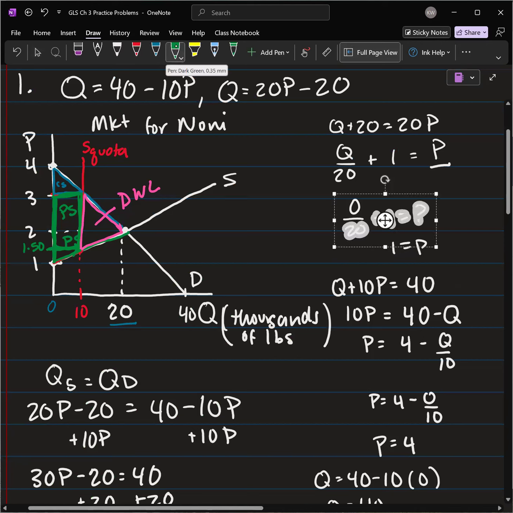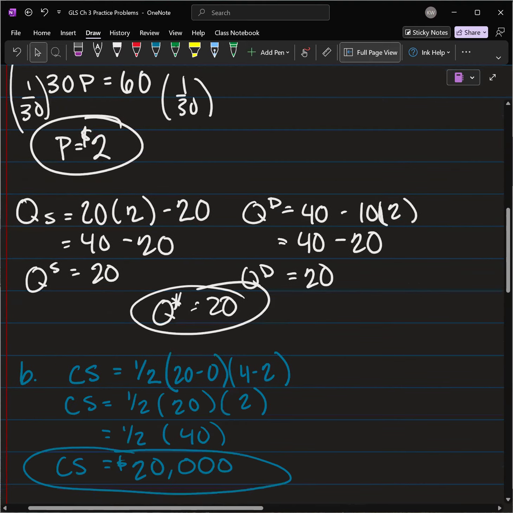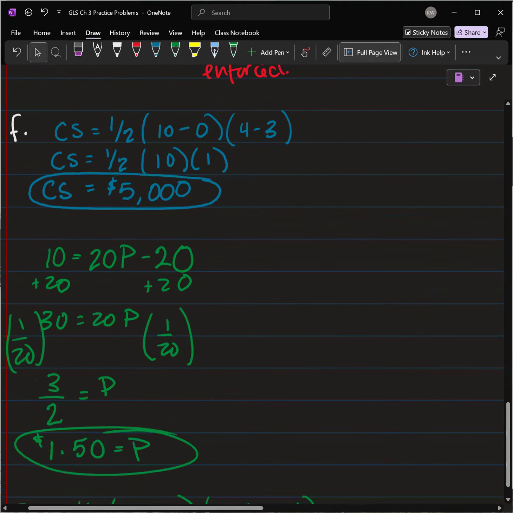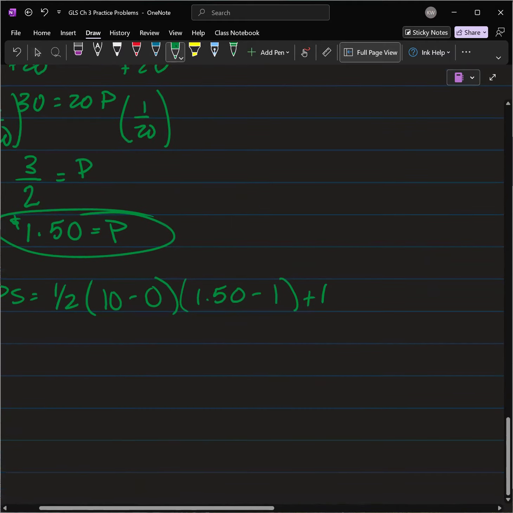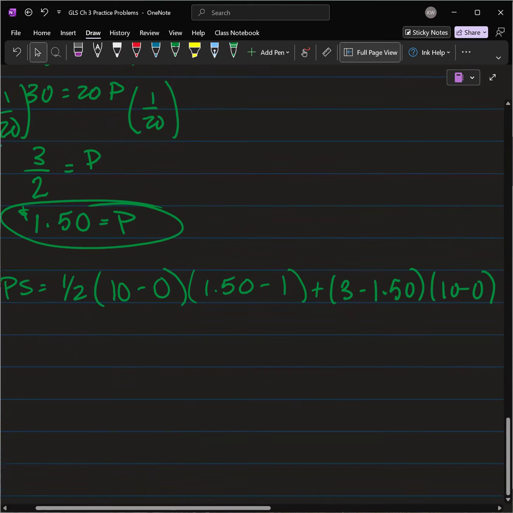So we're going to multiply the side formed by the price axis, so 3 minus 1.5, and then multiply that by 10 minus 0.